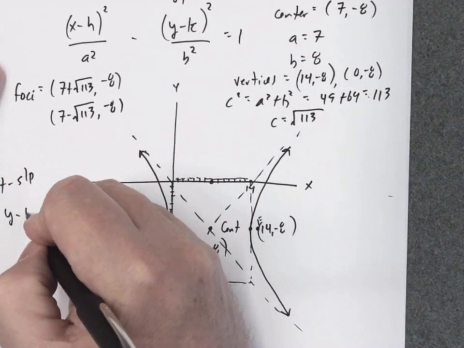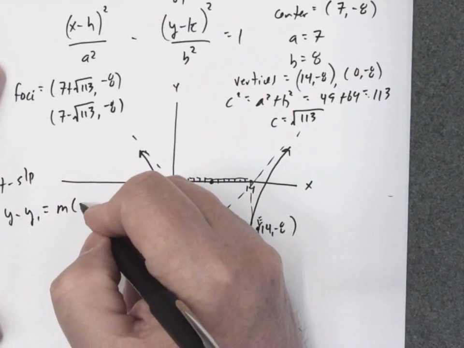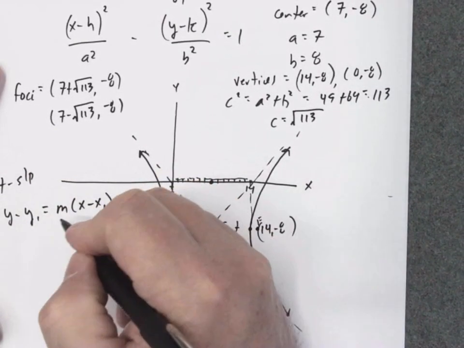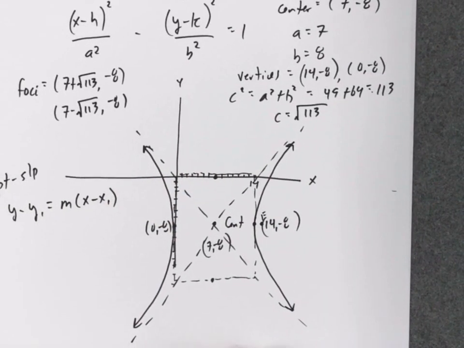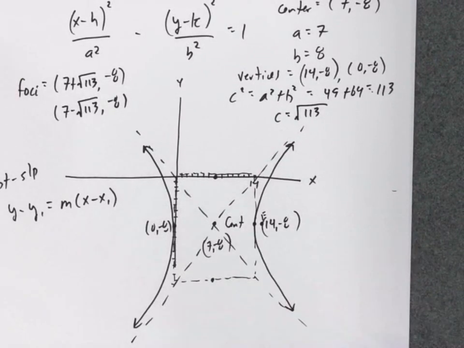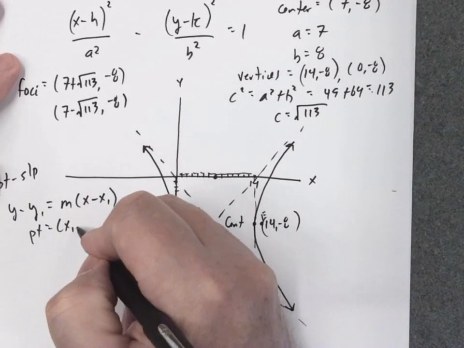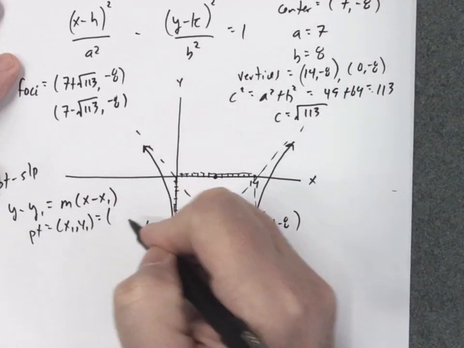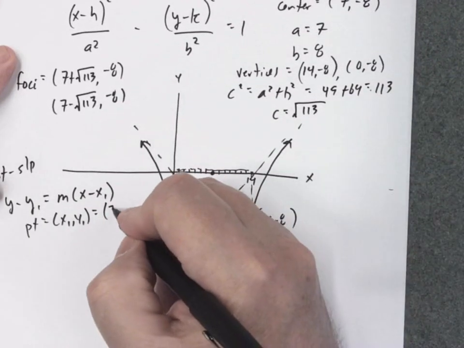And that's where if you have a straight line, if you know the slope and you know one point on the line, then you can use this point slope equation. So what I'm going to do is, for the point, we'll use the center. So x1 and y1 are going to be, the center is 7, -8.